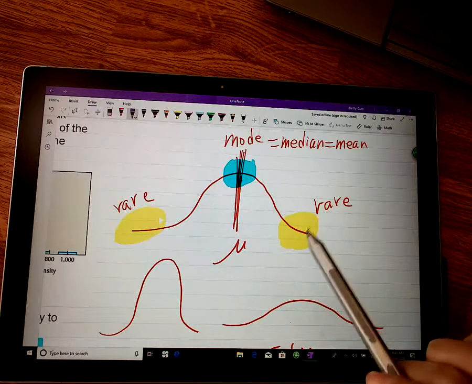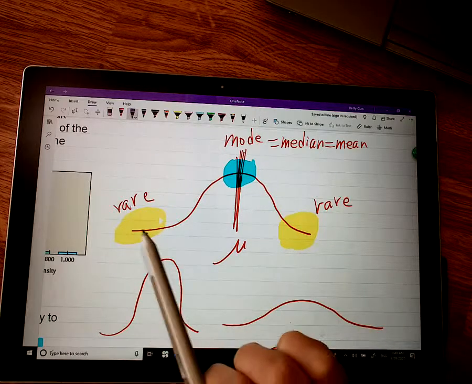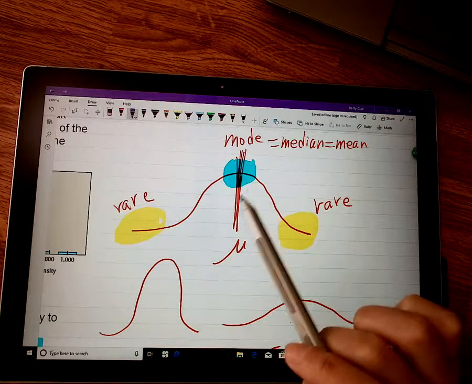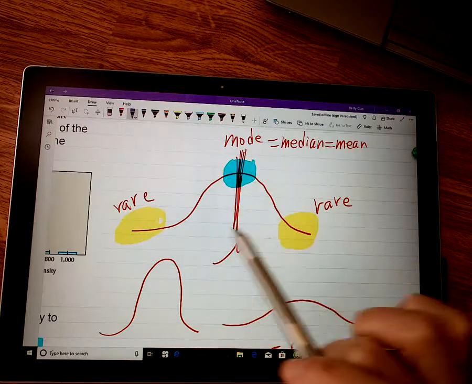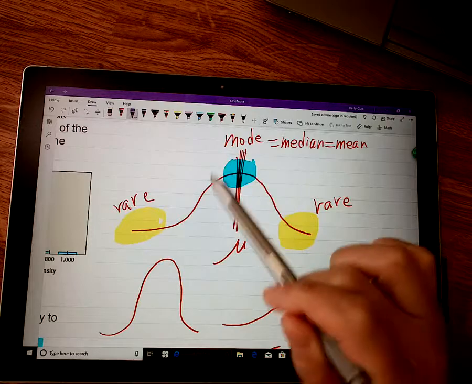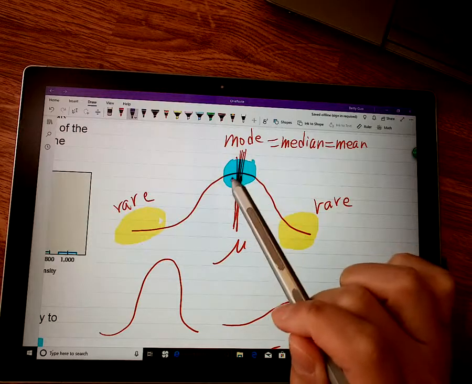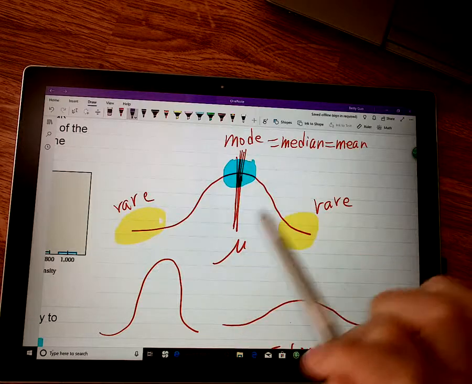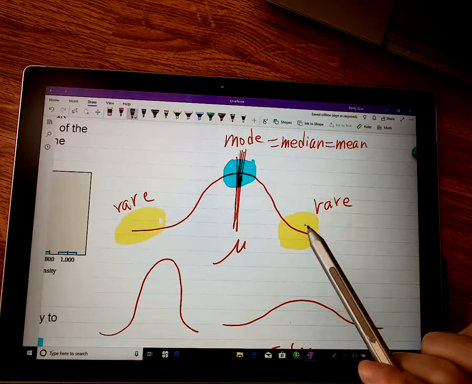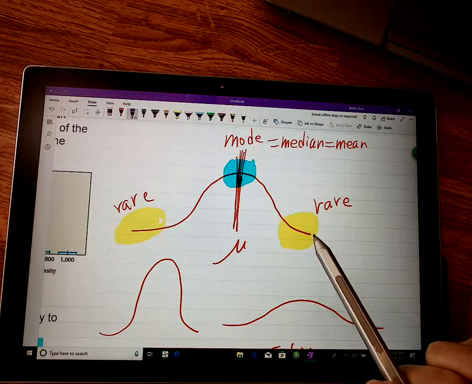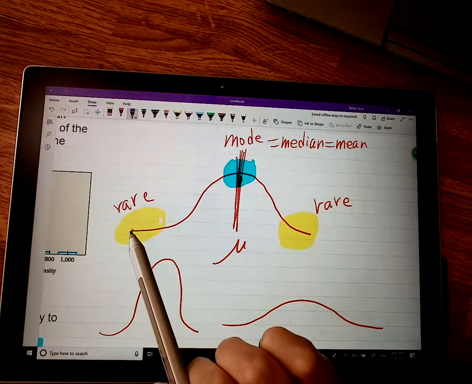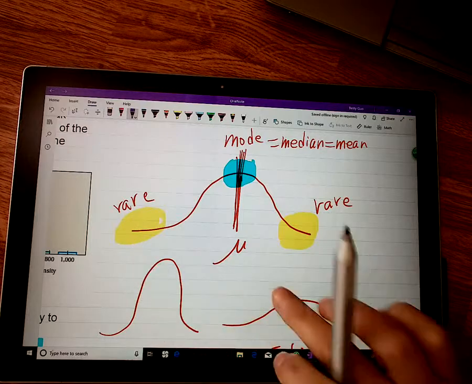Only a small portion are very tall, and a small portion are very short. Or salary. Most people's salary is about the mean. Maybe some less, some more, but around the mean. A very small portion have a very high salary, and a very small portion have a very low salary.